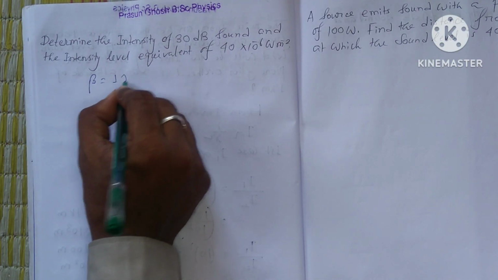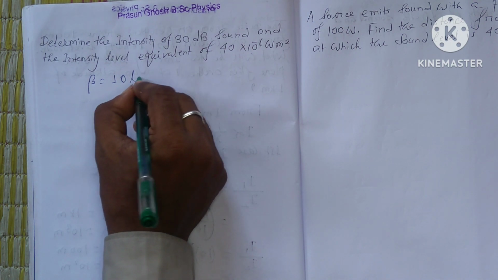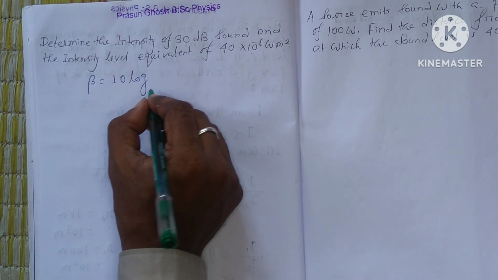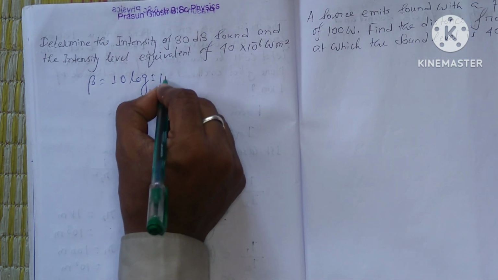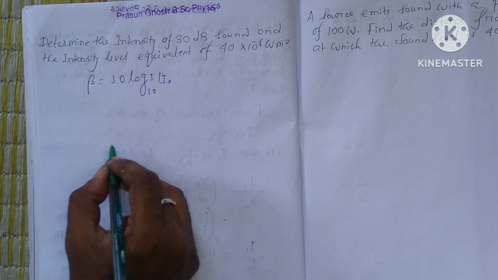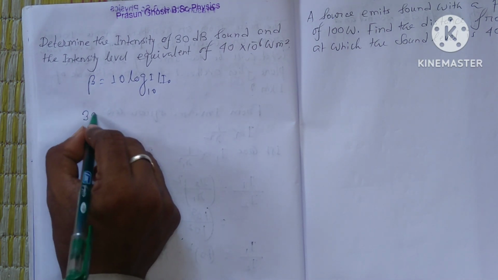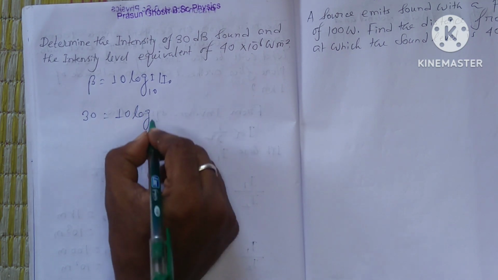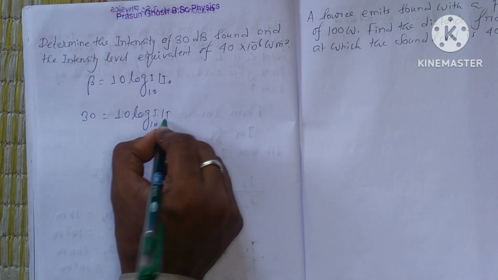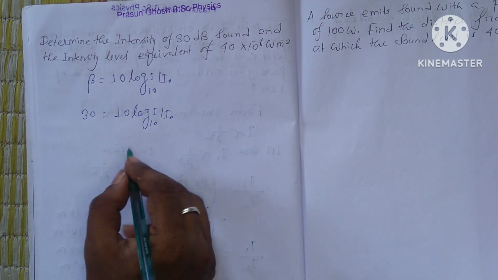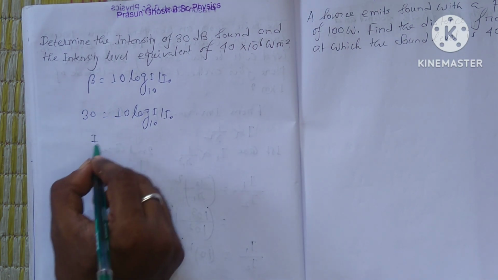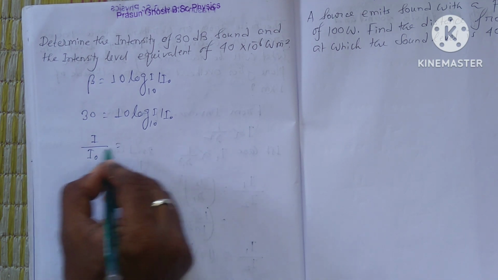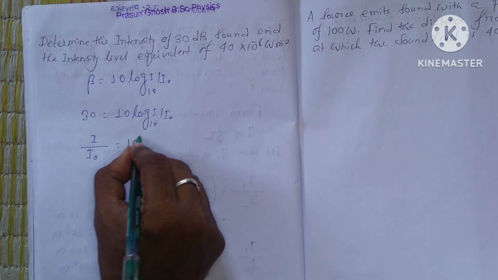Beta equal to 10 log 10 base I by I0. So this is 30. So 10 log 10 base I by I0, so we get I by I0 equal to 10 to the power 3.